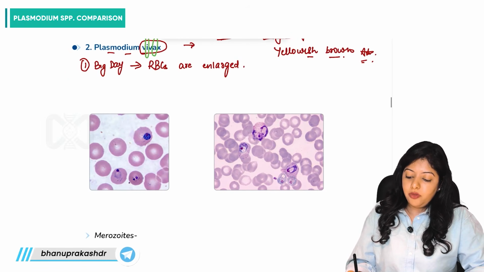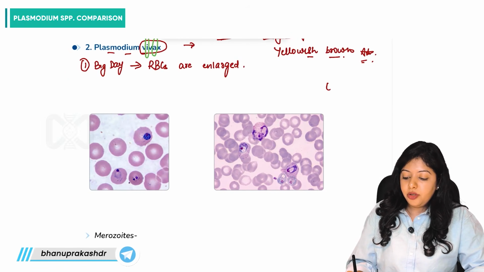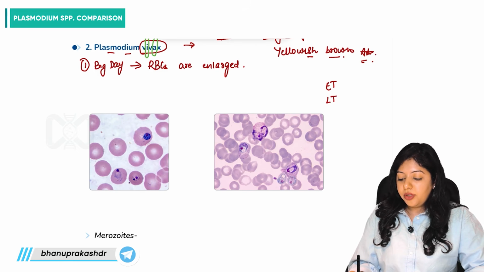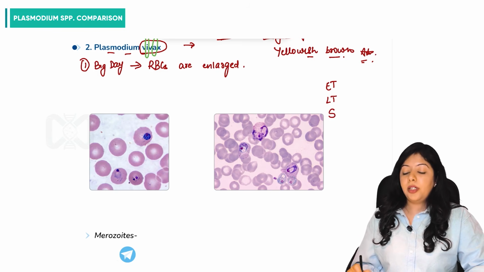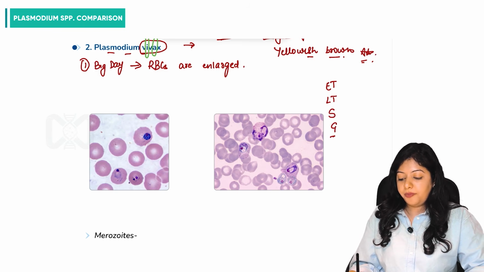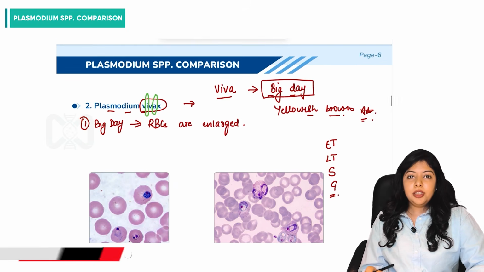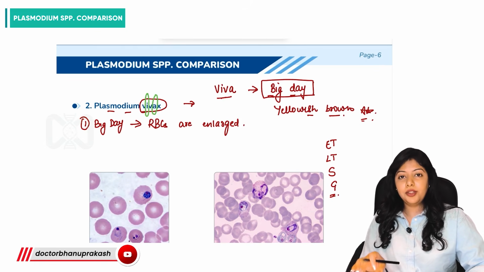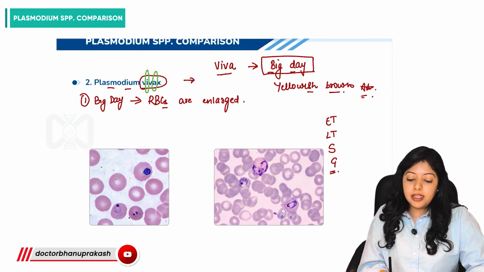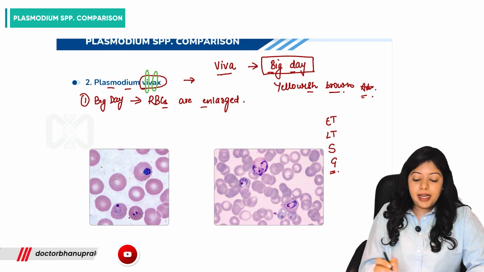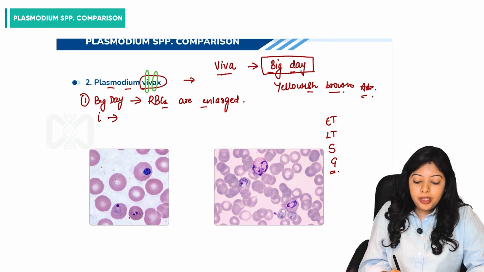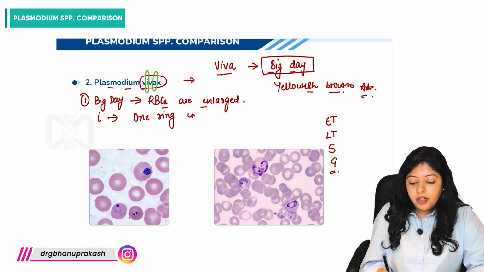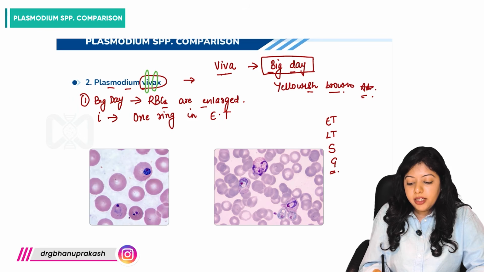So let's first write down, we will be talking about the early trophozoite, the late trophozoite, the schizont and gametocyte. So still remember this mnemonic, still remember this story. We will add some part to it here as well, right? So RBCs are enlarged. I stands for only one ring in the early trophozoite stage.